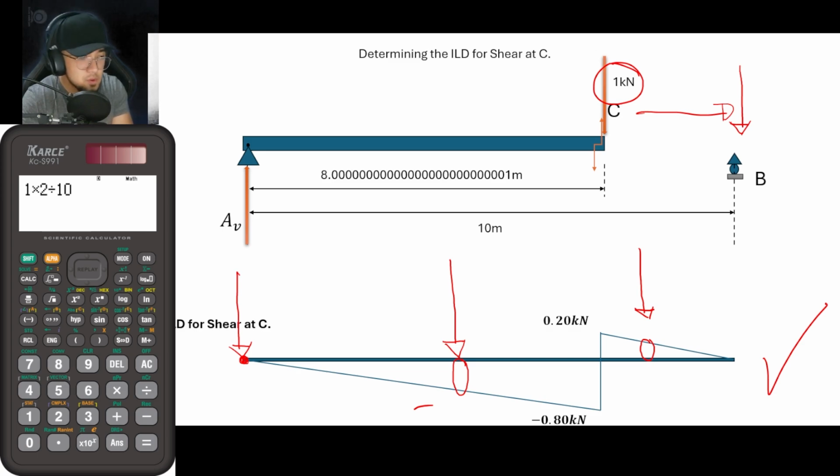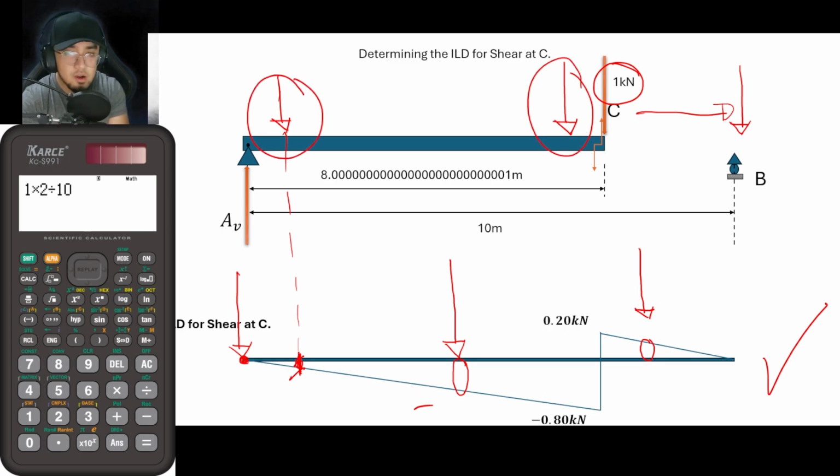Suppose that we would now be comparing. Which is the more critical value? Would it be if the force is here, or if the force is here? If we project this vertically downwards, this is the y coordinate of the graph if the load is here, and if the load is here, this is now the y component of the ILD.